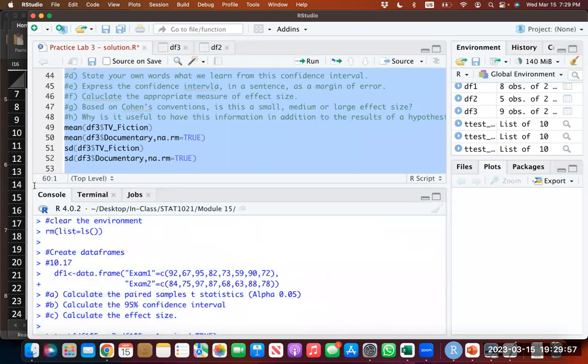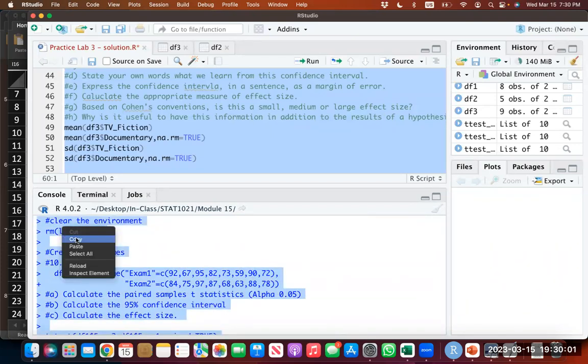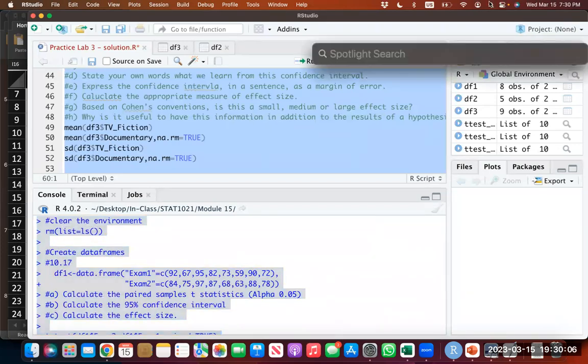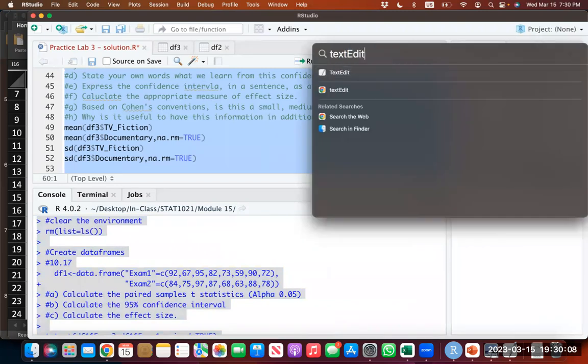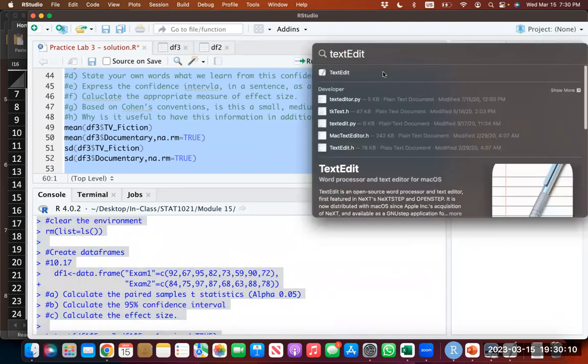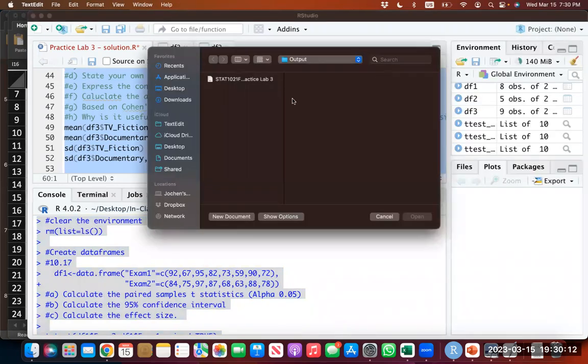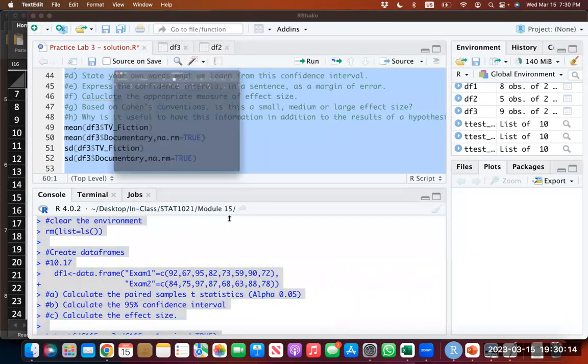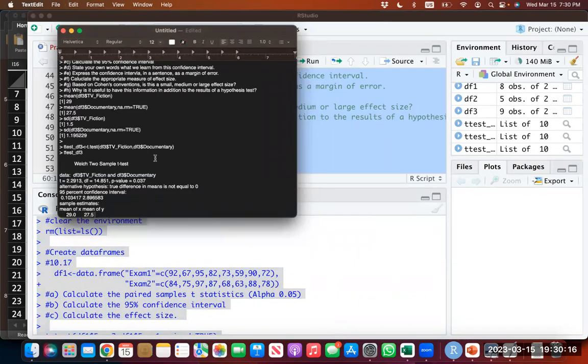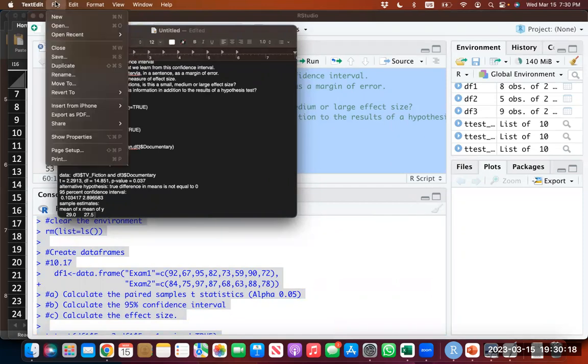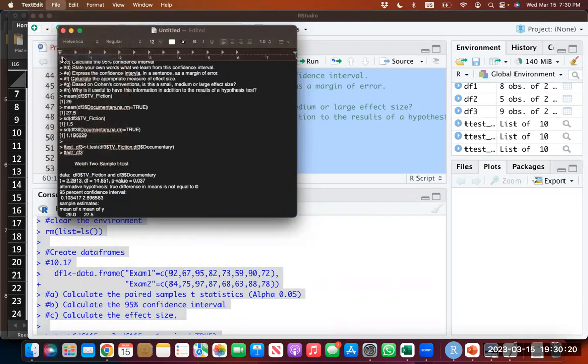Next, you select everything that's in the console and make sure that you selected everything. You right click on that, you click Copy. You go on Spotlight, you find TextEdit. You create a new document. You copy paste everything that you just ran. You go and save.